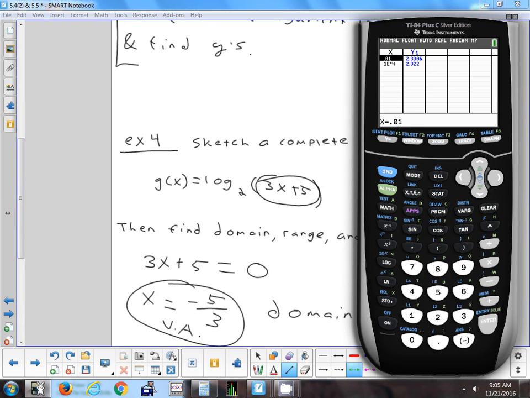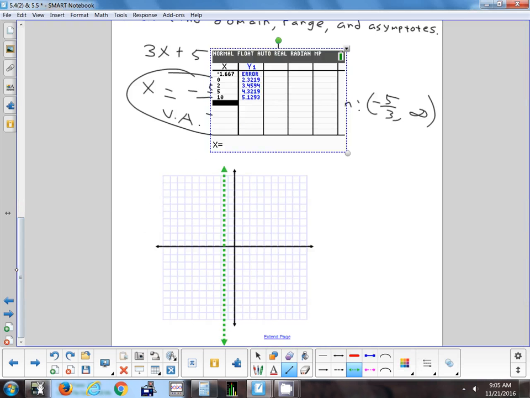Let's check negative 5/3 just to make sure that's an undefined value. It should be. Okay, so anything bigger than that should work fine. So there's my intercept. And I'll use those values. You don't have to use just those values.